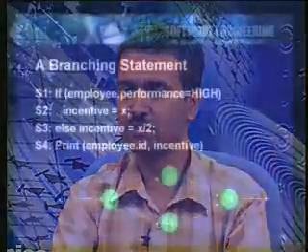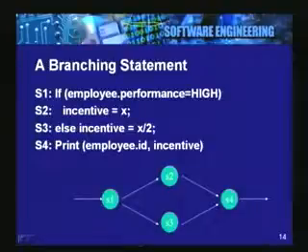Then next we need to look at the branching statement. For example, you have a code on the slide. If employee.performance is high, then you apply incentive equal to some value x, else incentive is x by 2, and then print employee.ID and the incentive. So, you have 4 statements here, S1, S2, S3, S4, and this is your equivalent flow graph. S1 is a branching node; from S1 you can go to S2 and S3, and you then come back to S4.